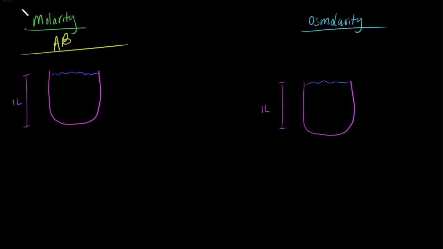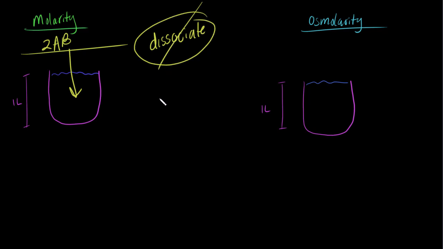So for example, what if I had 2 moles of AB and I put it into 1 liter of water? But we also know ahead of time we looked it up and we found out that this molecule AB will not dissociate at all when you put it into water, kind of like glucose didn't. Well, if I asked you about molarity, you would rightly tell me that if you put 2 moles into 1 liter, you're going to get a 2 molar solution.